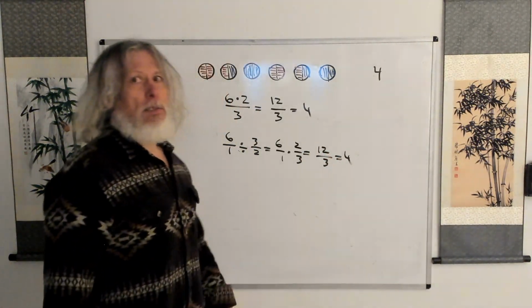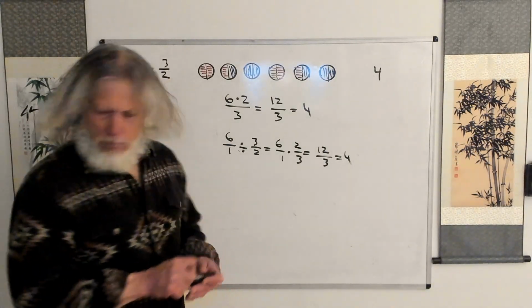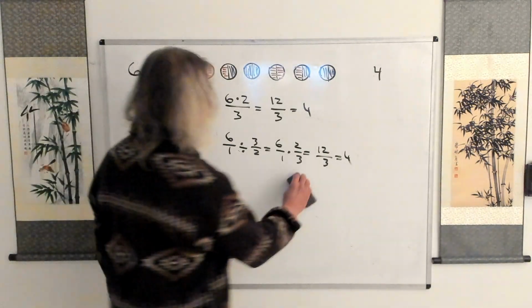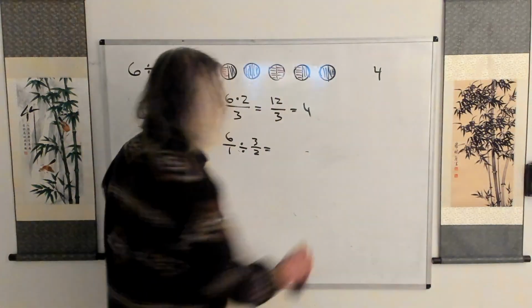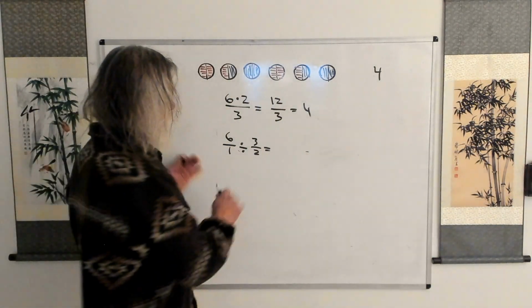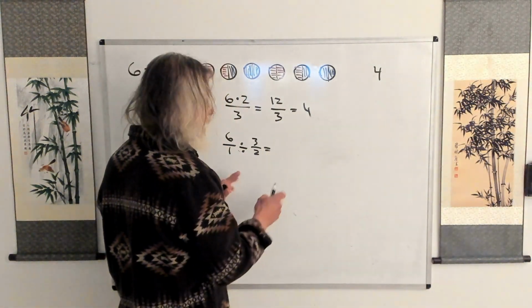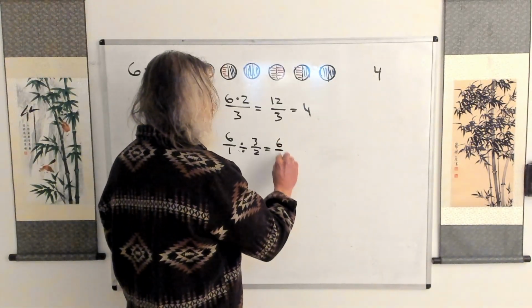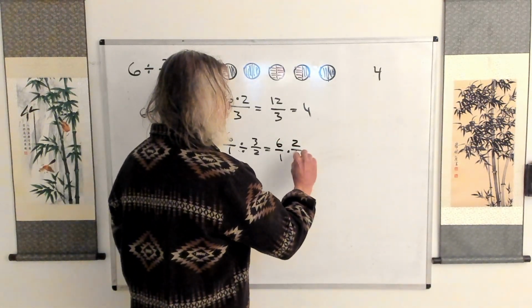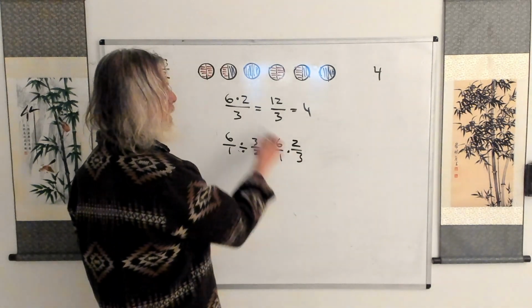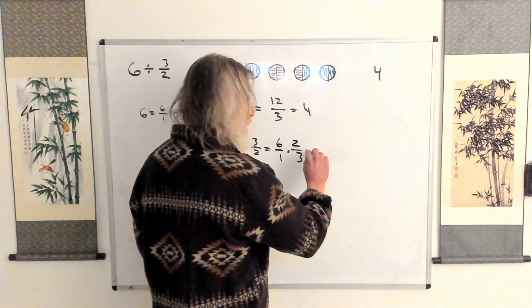So again, we get the same result. When we are dividing by a fraction, if you flip and multiply, then you're going to get the 12 over 3 that we need.